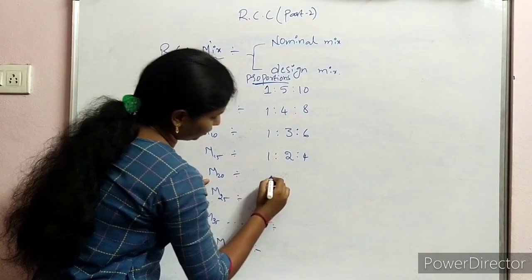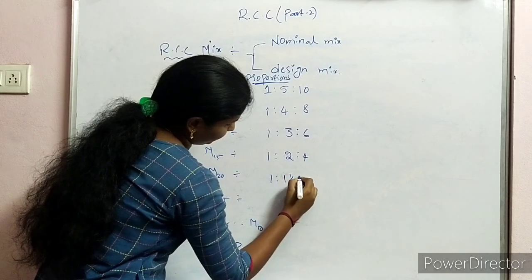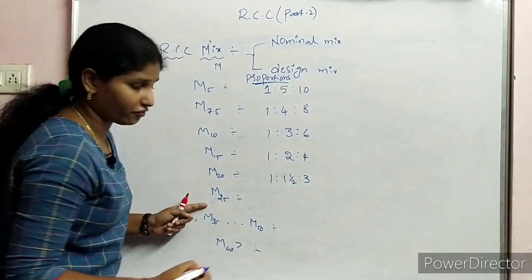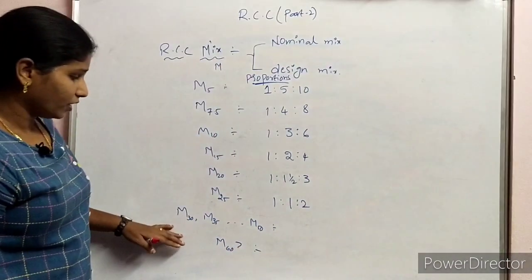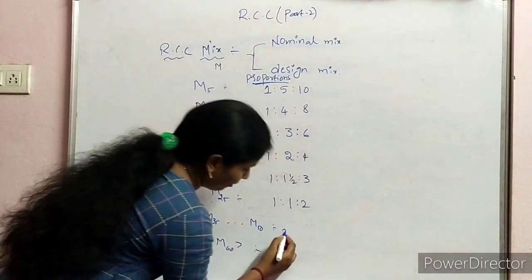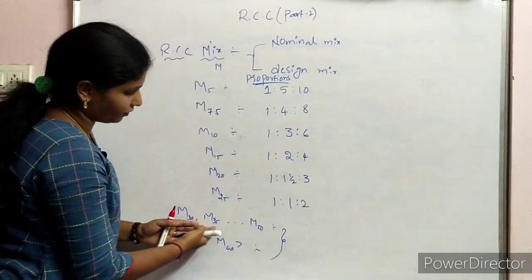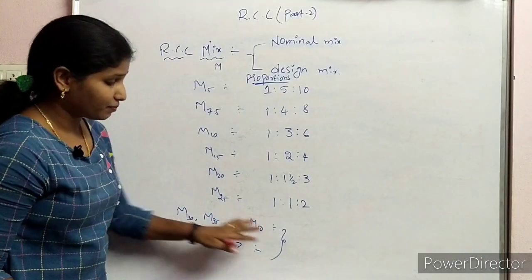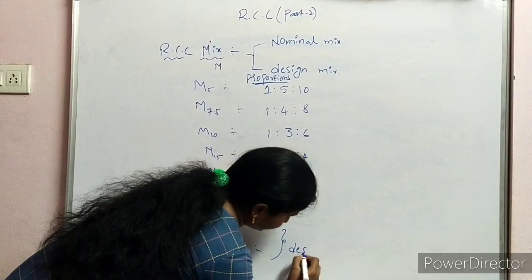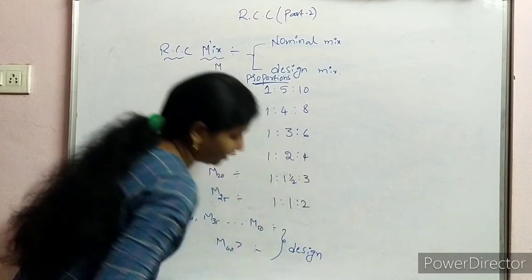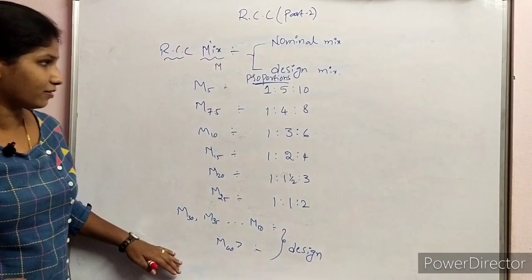For M20 the proportion is 1:1.5:3. For M25 the proportion is 1:1:2. From M30, M35 to M50, M60, we have to design the proportions because these are high strength mixes.